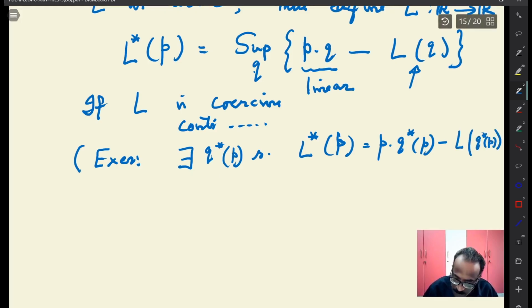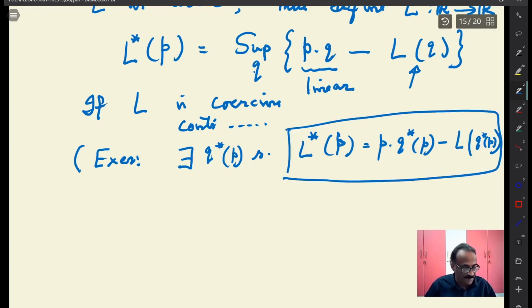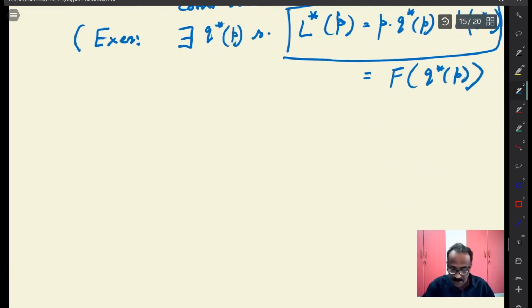Okay, so that's what you have to prove. There exists, that is because of the coercivity and other properties. So you will have all these things immediately. This is nothing but your F of Q star at P. You see, so you have that theorem. So you can prove immediately like that.